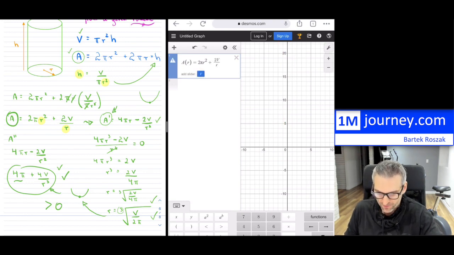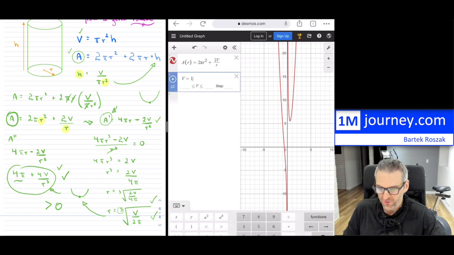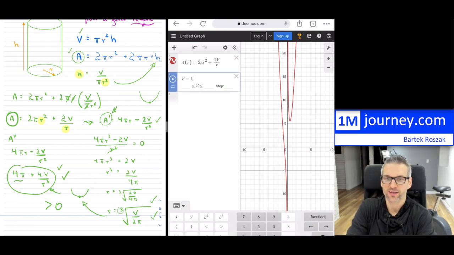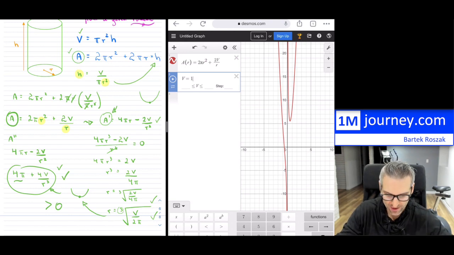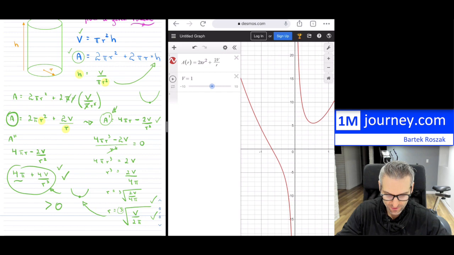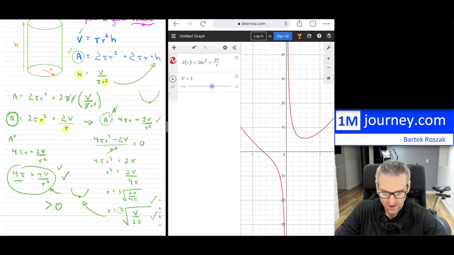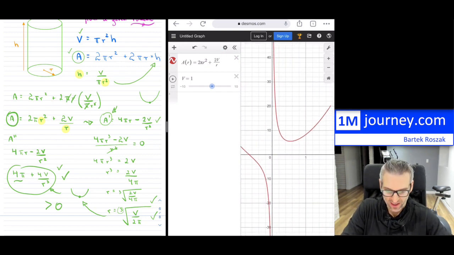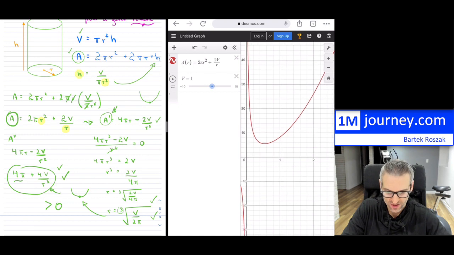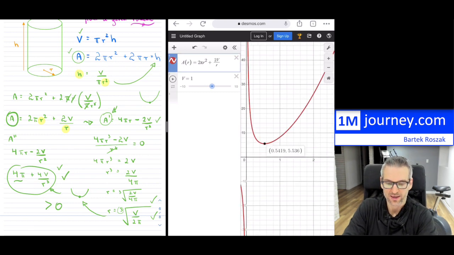Now v is just some constant, but in Desmos we actually have to set it to a particular value. It doesn't matter what it is. Here it's 1. And notice we're looking on the positive side, and there you go, that is the minimum that we would find.